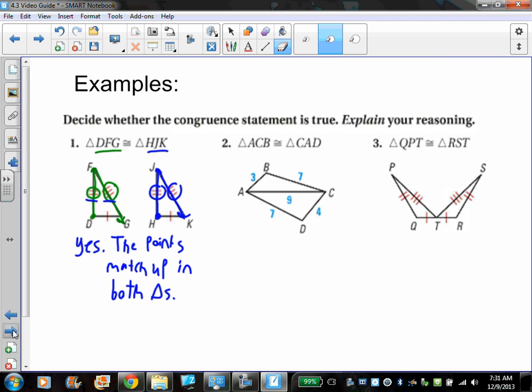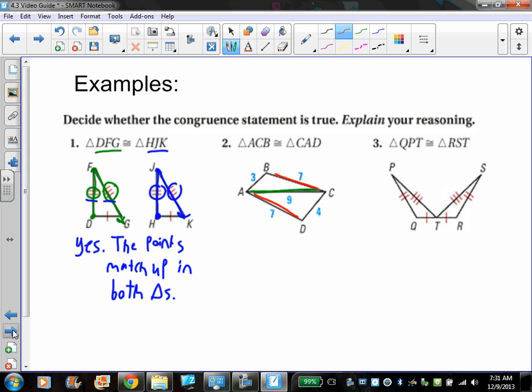Now look at this next example. We're told that ACB is congruent to CAD. So, if you look, this side clearly matches up between the 2 triangles because it's the same length. It's on this triangle, the bottom one, and on the top triangle at the same time, so it has to be the same length between the 2 of them. This side appears to match up between the 2 of them as well.